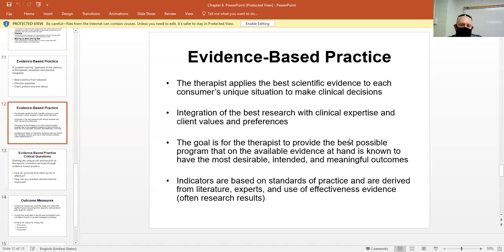The goal for the therapist is to provide the best possible program based on the available evidence at hand, which is known to have the most desirable, intended, and meaningful outcomes. So you're looking to see what things have worked.